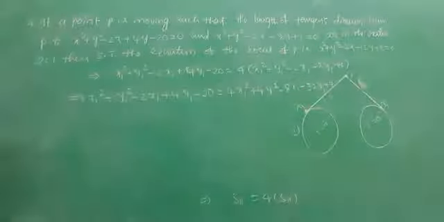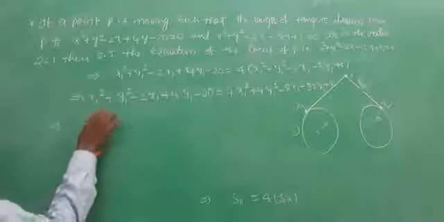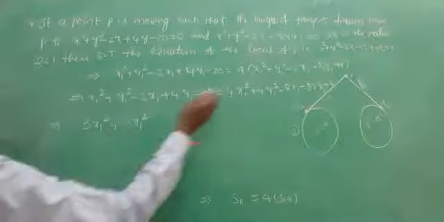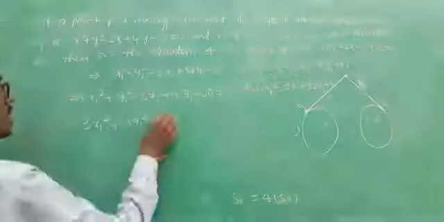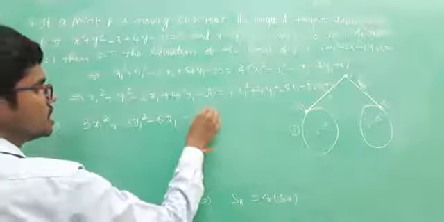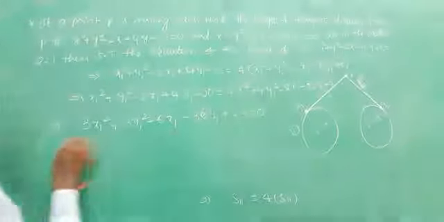So that implies 4x1 square minus x1 square is 3x1 square, 4y1 square minus y1 square is 3y1 square, minus 8x1 plus 2x1 is minus 6x1, minus 32y1 minus 4y1 is minus 36y1, 4 plus 24 equal to 0.